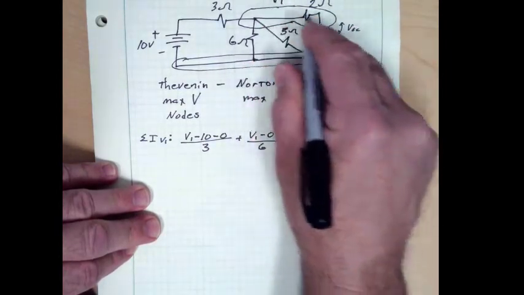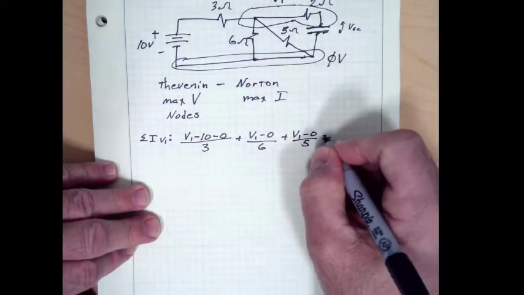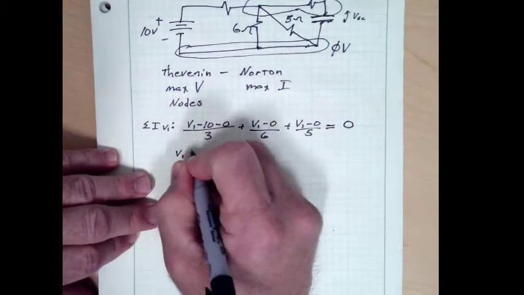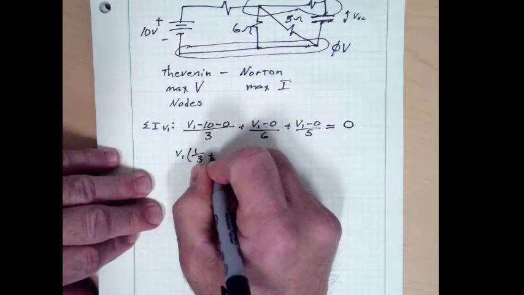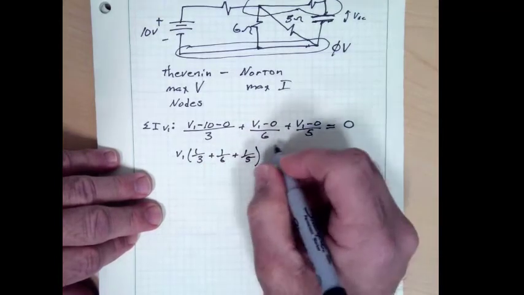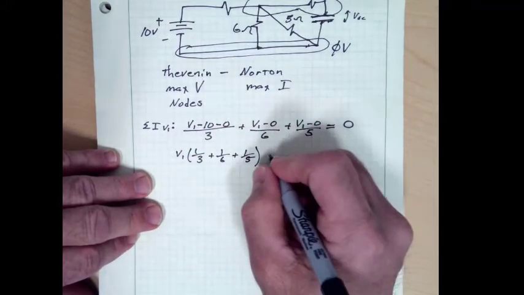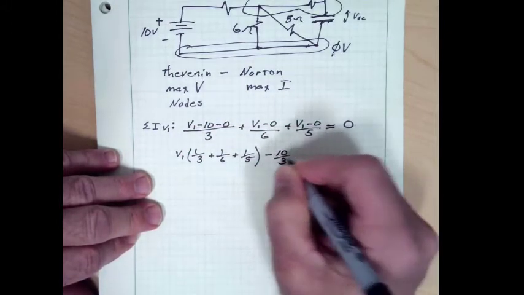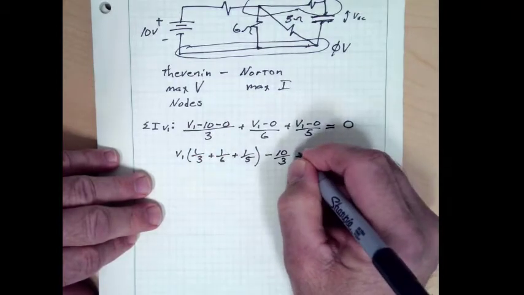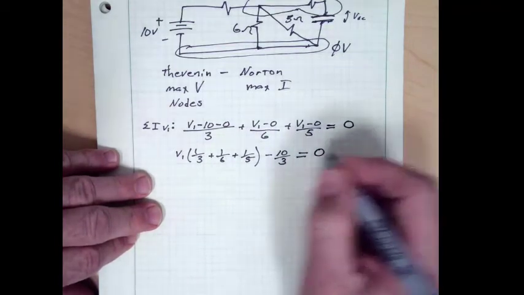It's just all part of the node, so we ignore that, and all those currents will sum up to 0. Get our terms collected together. That takes care of that V1, that V1, that V1. We have a minus 10 over 3. And that takes care of all of our terms. Everything else is a 0. And those currents sum up to 0.